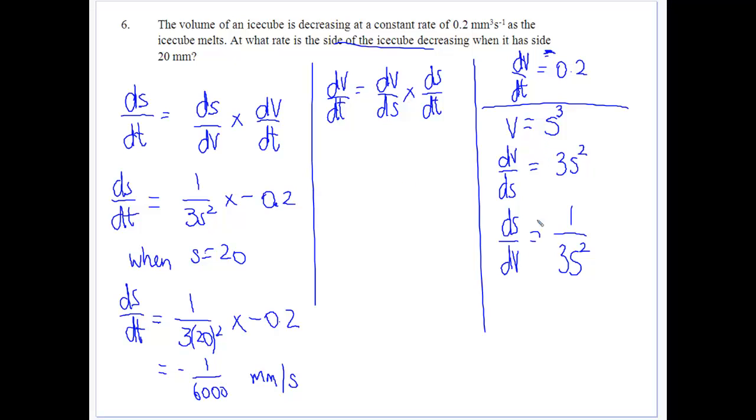So we can manipulate, because we know volume is the side cubed, so dv ds is 3 times the side squared, or ds dv would be 1 on 3 lots of the side squared.